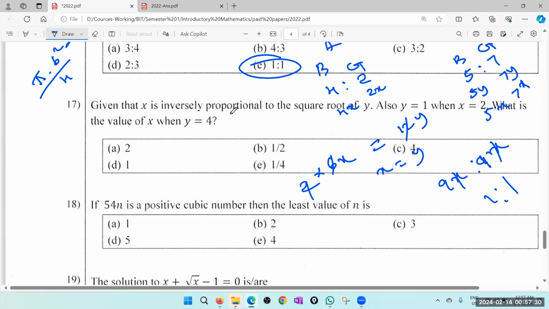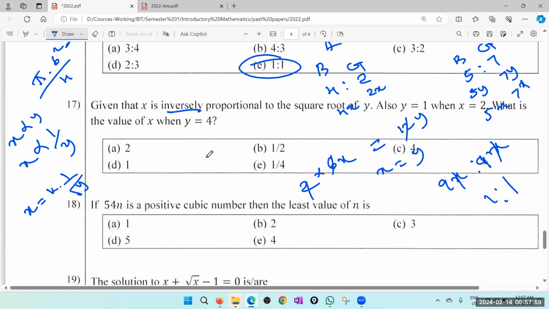17th question. Given that x is inversely proportional to the square root of y. Remember, inverse means, say, x. This is inverse. This is direct proportional. So x is, I can write with a constant k times the square root of y. And it is inverse, so therefore 1 over root y.